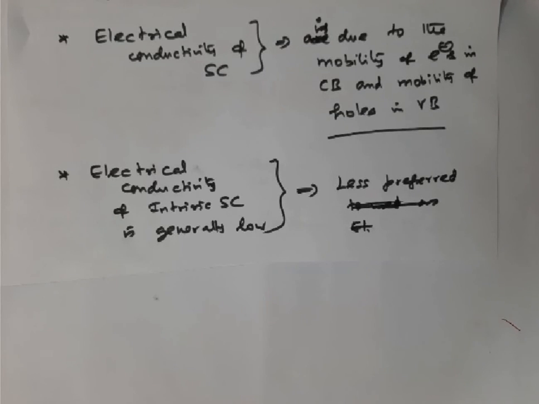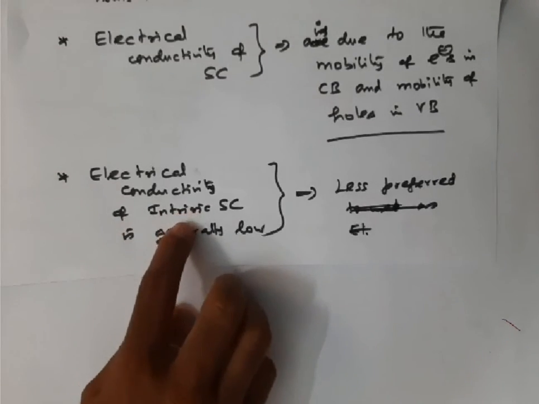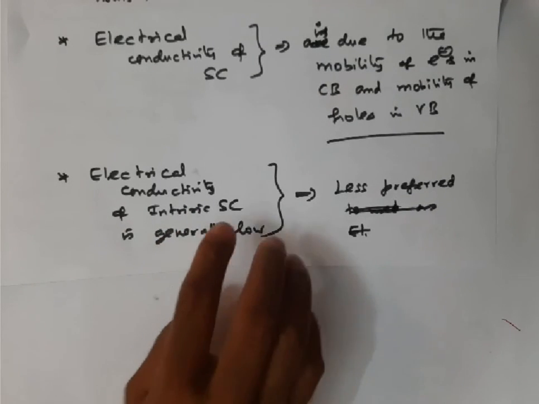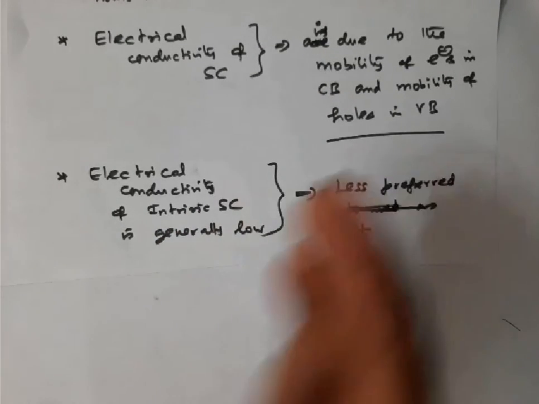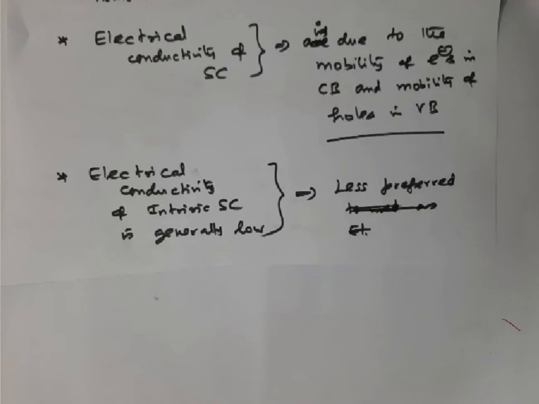Those things are correct. But the number of electrons and the number of holes are very, very few. Therefore, electrical conductivity is low. Why? Because these electrons and holes are generated only because of thermal energy. That's why the number is very, very small. So the electrical conductivity of intrinsic semiconductors is generally low. That's why it is less preferred in the electronic industry. This is another important point you should keep in mind.